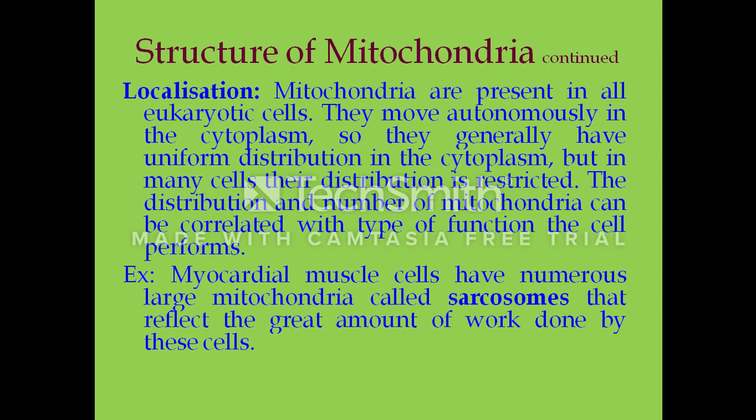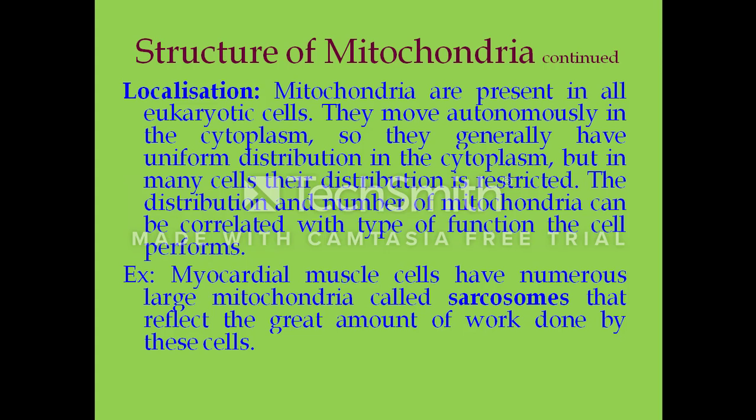Example, in myocardial muscle cells numerous large mitochondria are present. That means the number of mitochondria are more, and even when you consider the size, mitochondria are little larger than the normal mitochondrial size, and they are called sarcosomes. They reflect the great amount of work done by these cells.